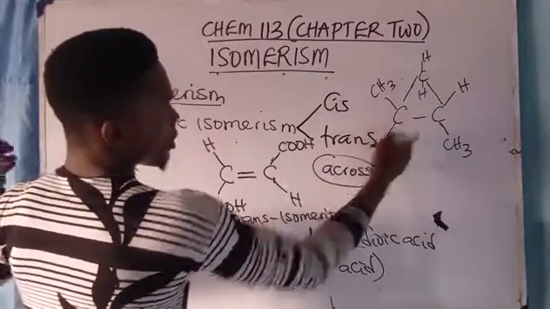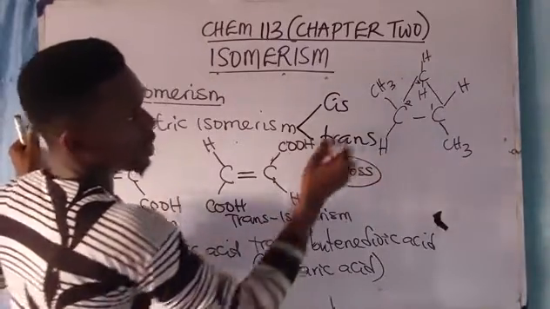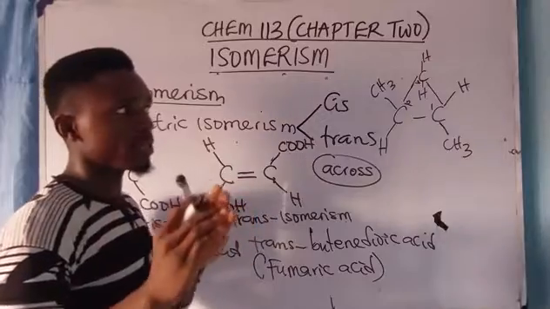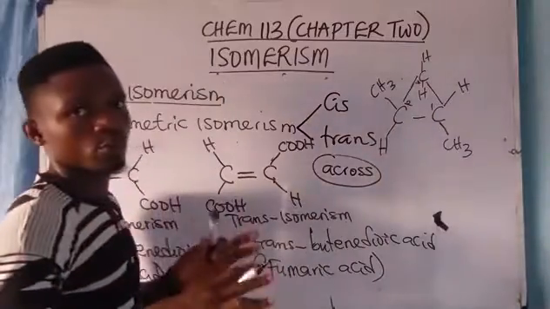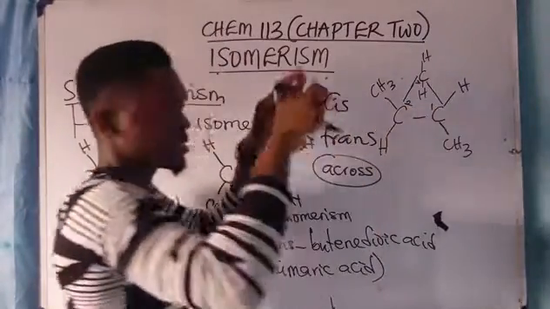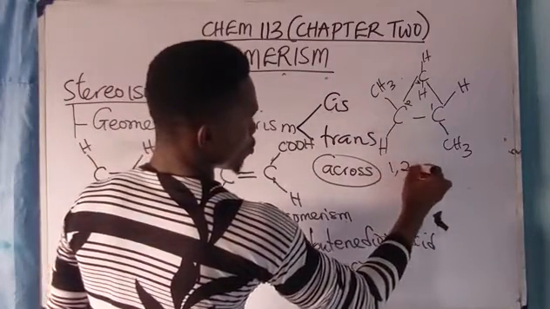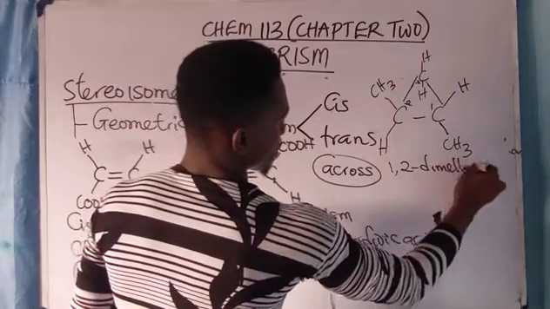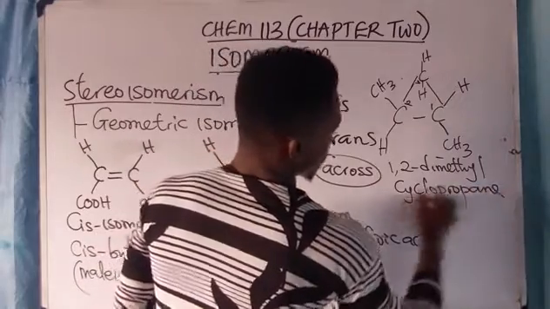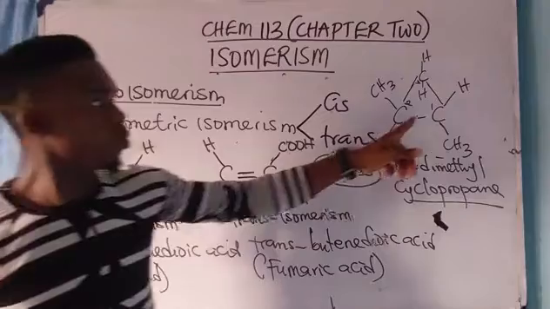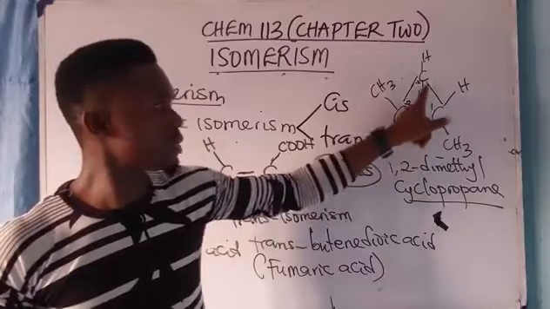Now to name this type of compound, it becomes this 1, 2, 3. 1, 2, 3 is what? Propane. Now look at it. It's a cyclic compound. It becomes what? Cyclic propane. A cyclic compound has been formed. Therefore, this becomes 1,2-dimethylcyclopropane. So that's how it is.